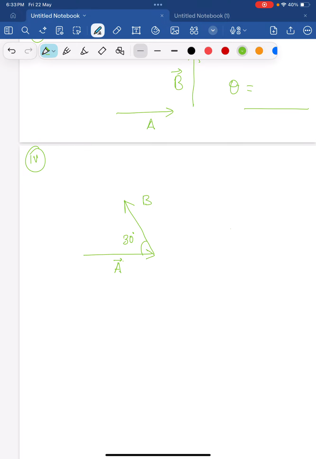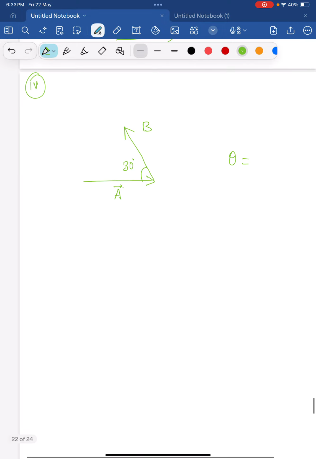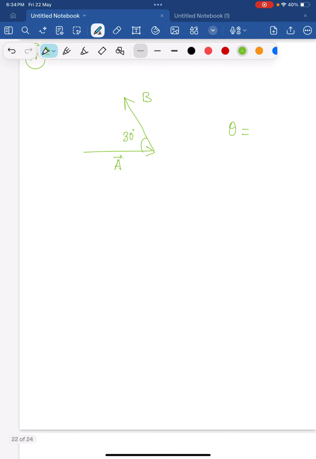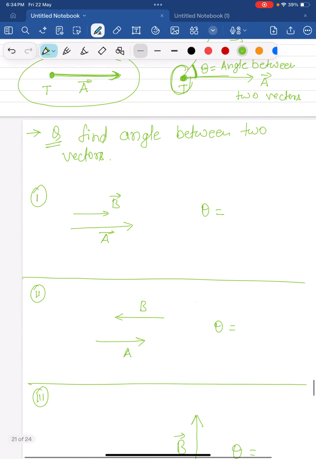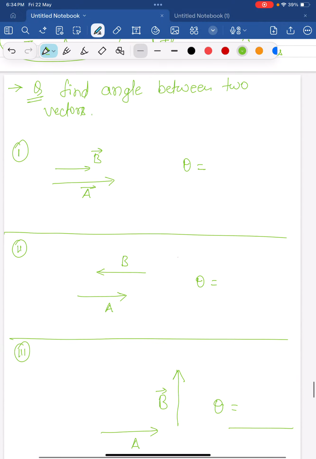You have to calculate theta, the angle between vector A and vector B. If there is a vector A and vector B and this angle is 120 degree, you have to find the angle between both vectors A and B. So here there are 5 questions.